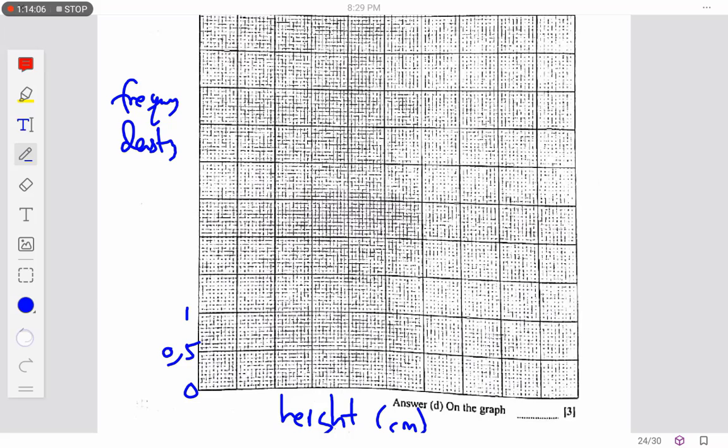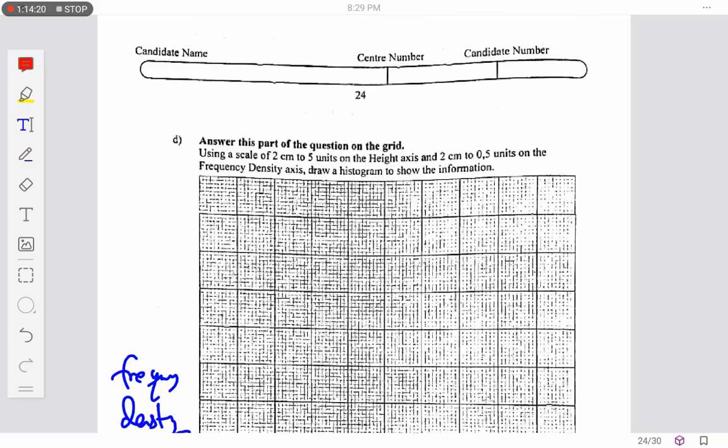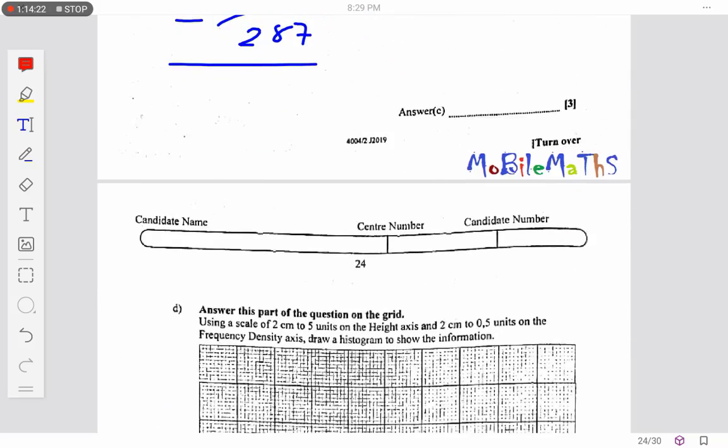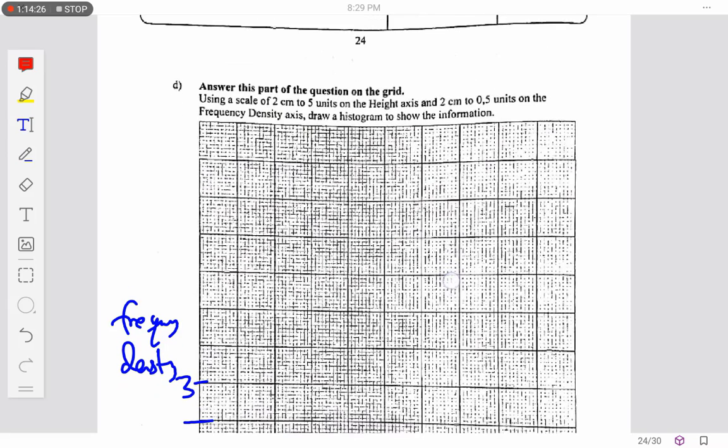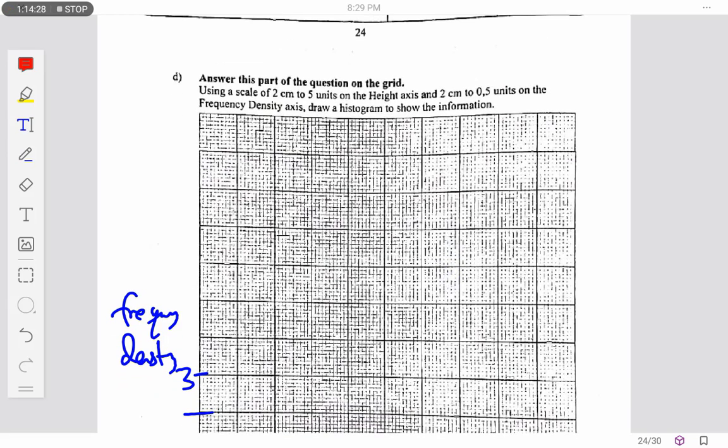So I can as well even just write it as, this is my 1, my 2, my 3 there. Okay, I know in between there is 0.5, I can do that. Then on my height, I'm saying 2 centimeters 5.